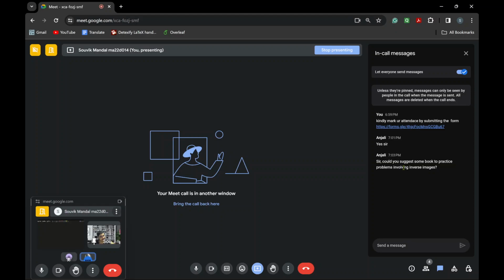I have some questions. Anjali, can you please tell me what it means by inverse image problem? I don't get it properly. She wrote inverse image problem in the chat.